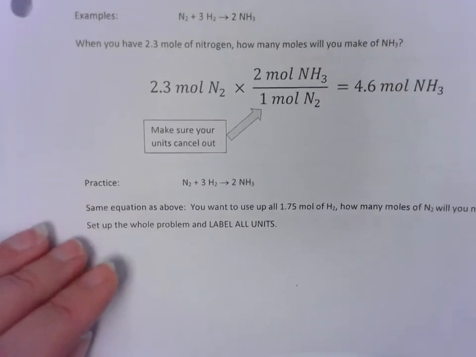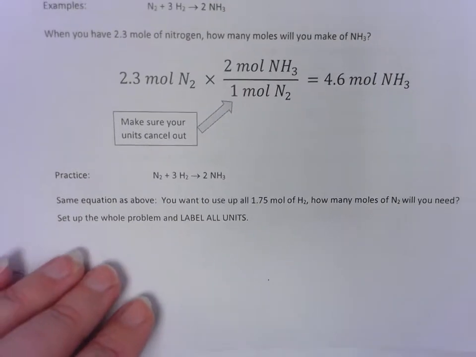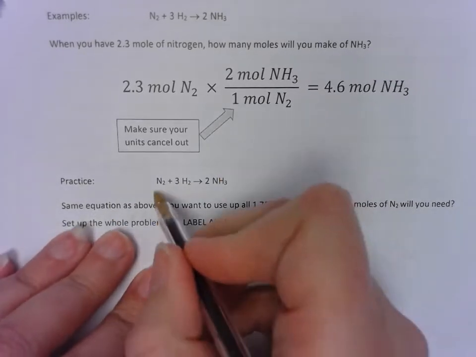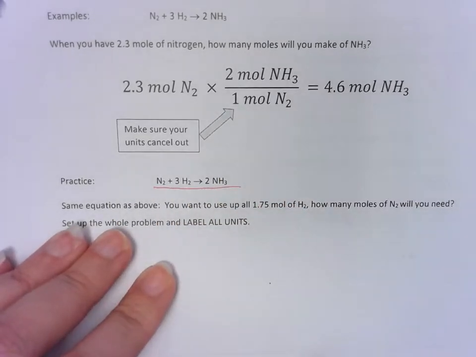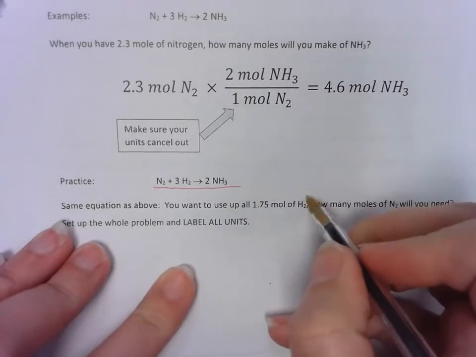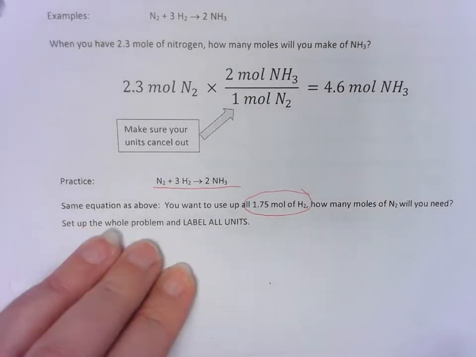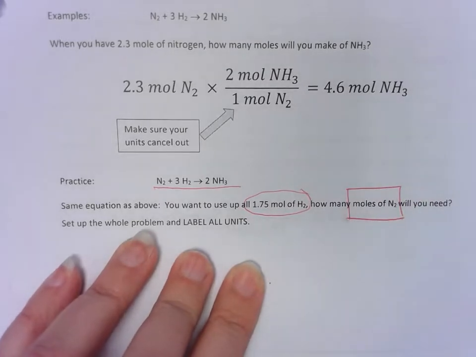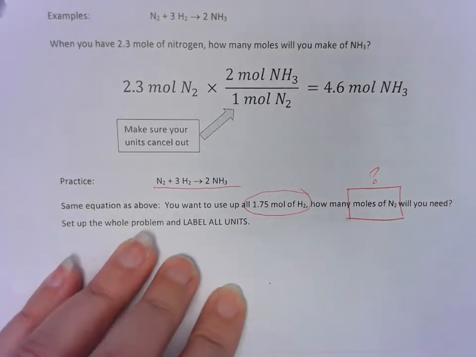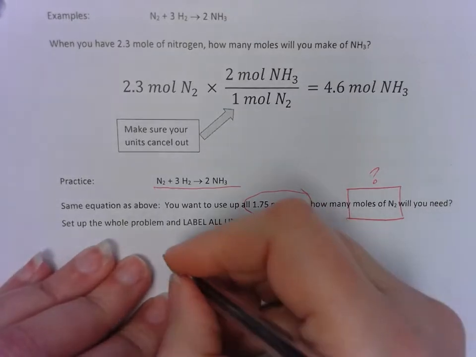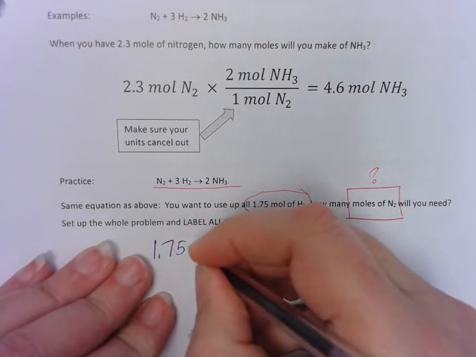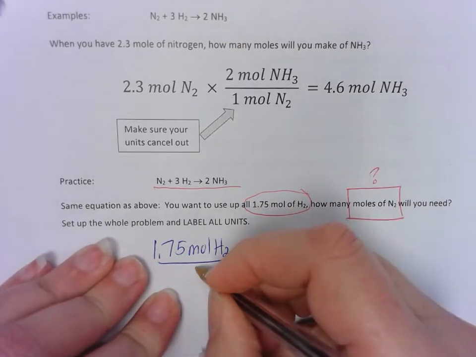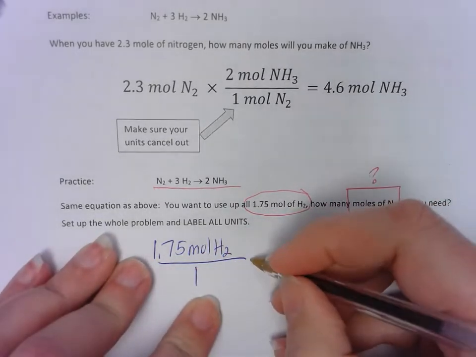So if you go the whole way down here to this practice that's on the example that we have here, we have this balanced equation here, N2 plus 3H2 makes 2NH3, and they give me some information. They tell me that I have 1.75 moles of H2, and I'm being asked to figure out how many moles of N2. Now, we haven't done conversions in a while, but you're going to take the 1.75 moles that they gave us of H2, and remember when we did these problems we always put them over 1.